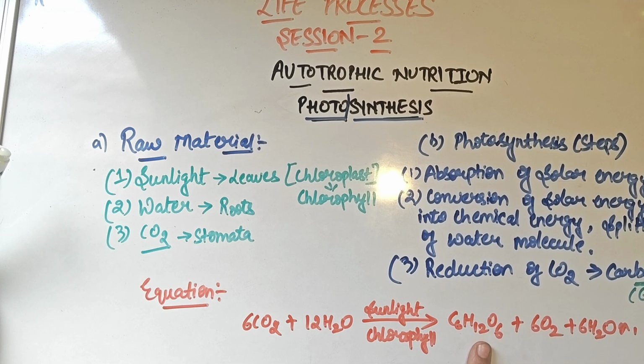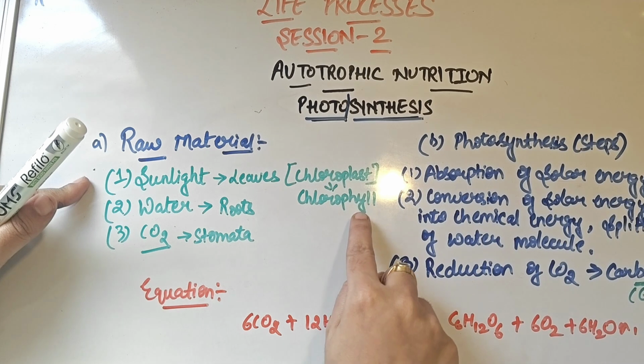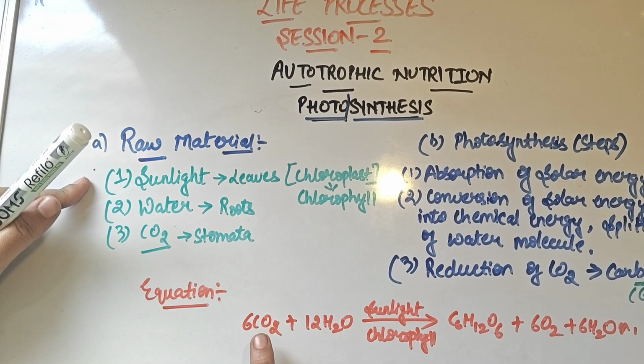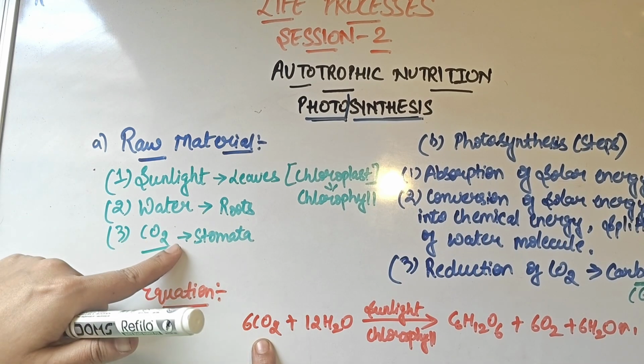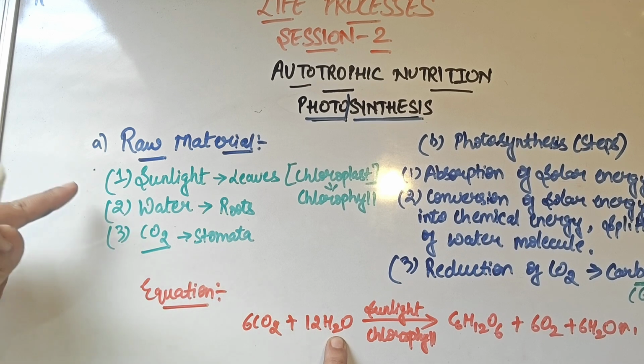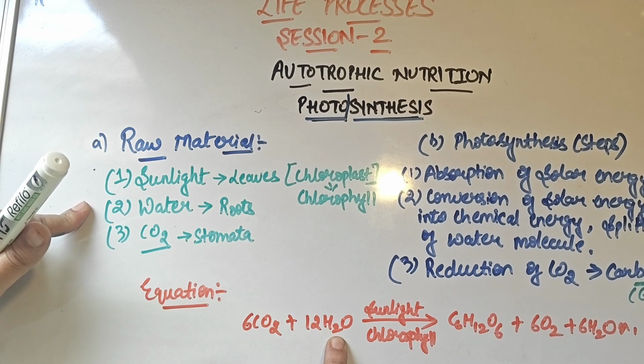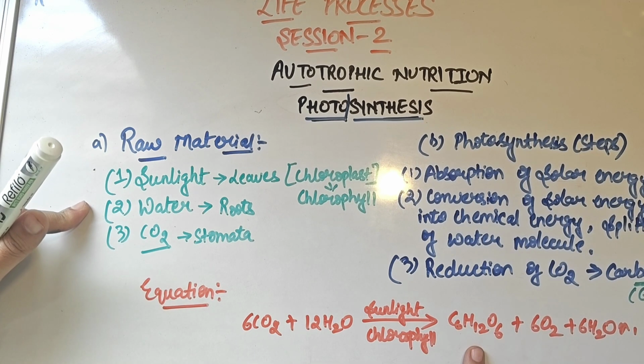To produce one molecule of glucose, the plant would require sunlight, as we talked. The plant would require chlorophyll, as we spoke. It would require carbon dioxide, which will come through the stomata. It will require water, which will come through the roots of the plant, and then it is going to produce a molecule of glucose, which later will go through the process of respiration and will release energy in the form of ATP, and those ATPs will be utilized by the plants for further processes.